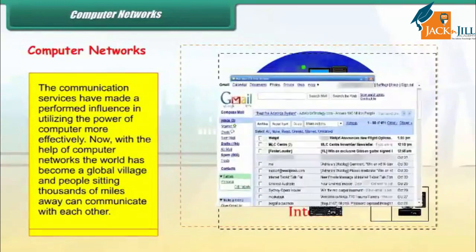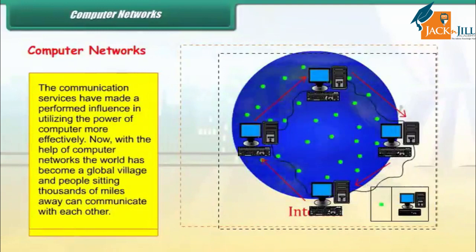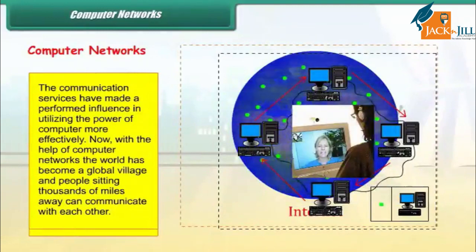A computer can be installed in two ways: as a standalone computer, or as a network node. Standalone computer: a personal computer which is not connected to any other computer is known as a standalone machine.